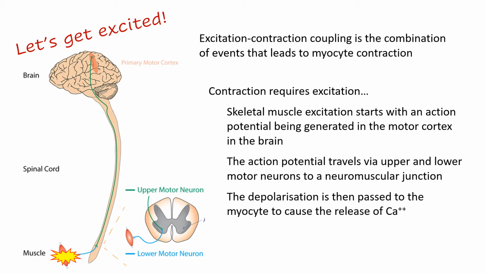And as we found out before, calcium then binds to troponin, moves tropomyosin out of the way, and off we go with contraction. So excitation really starts in the motor center in the brain, crosses over the neuromuscular junction, and results in the release of calcium. That's excitation.